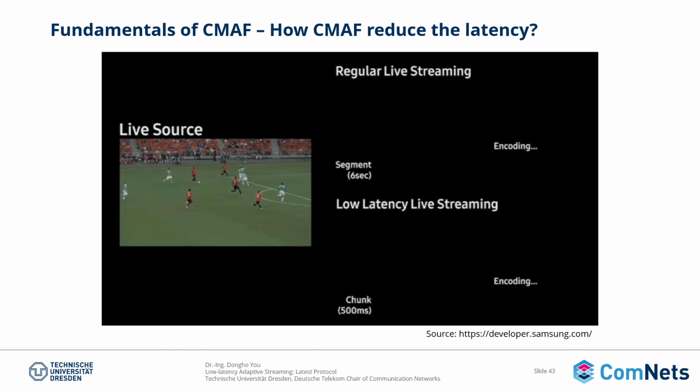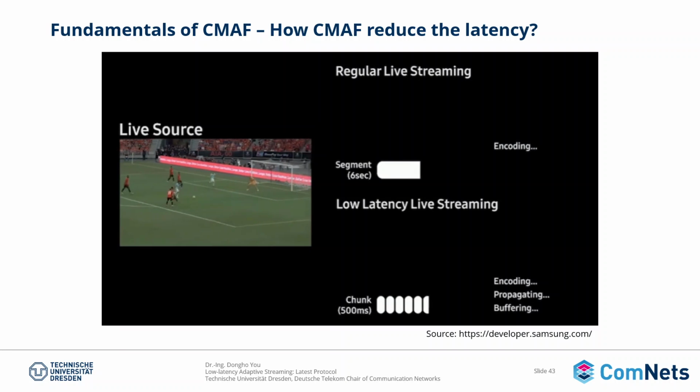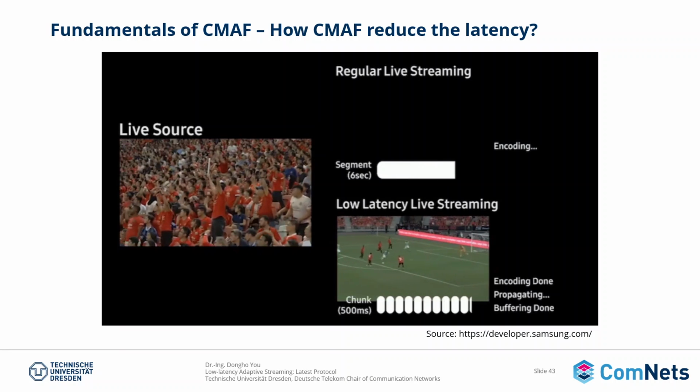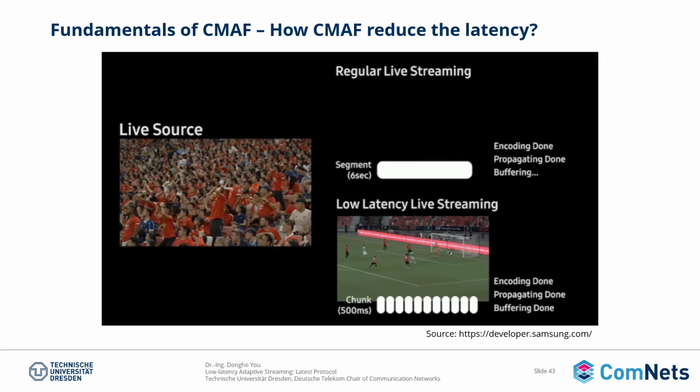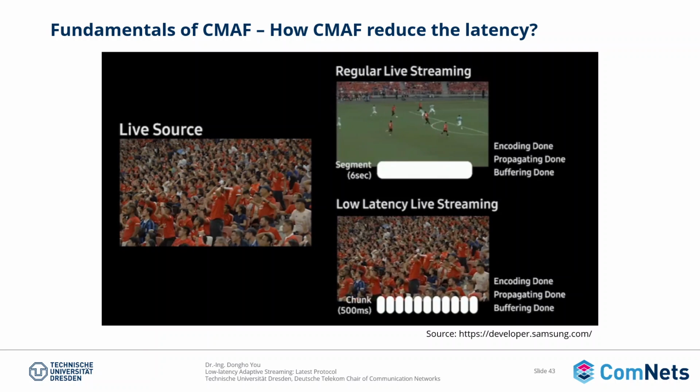Okay, let's see one demo sample. I think this is good to understand the difference between a CMAF chunk and the MPEG-DASH segment. As you can see below, CMAF chunks can be propagated upon finishing the short encoding process.